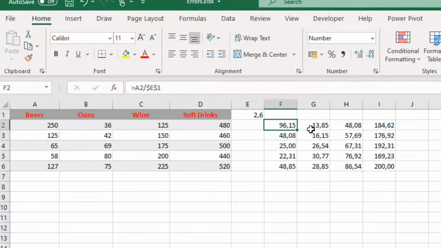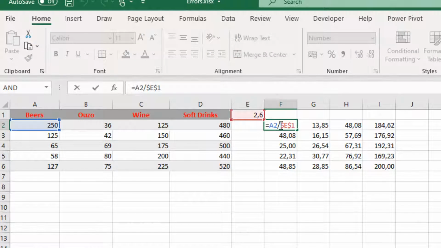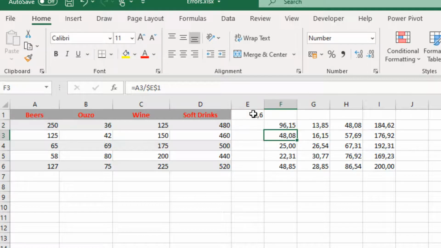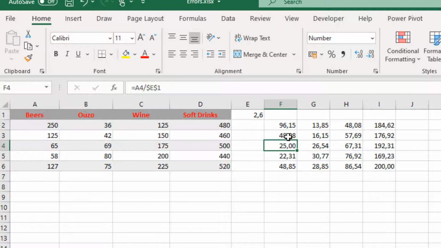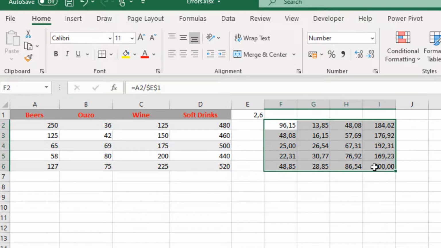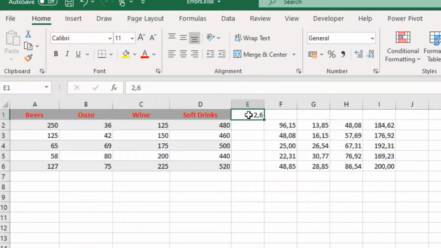Here, the same as before, I'm trying to divide A2 with the absolute reference of the cell E1. The same stands for the rest of the cells: A3 with E1, and we can see all the results. What if in E1 we put the 0 in?